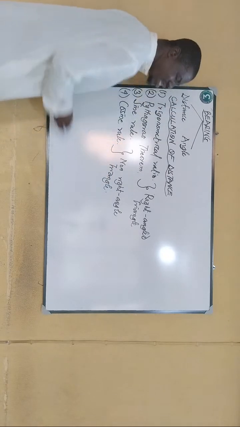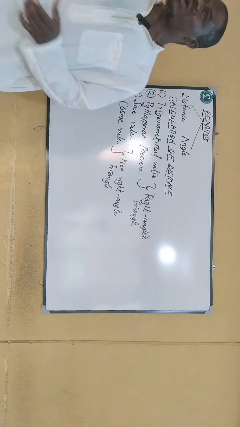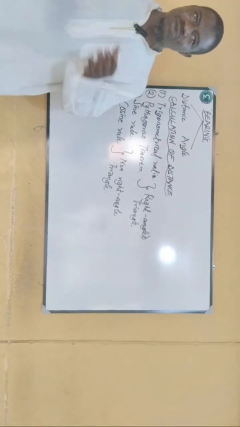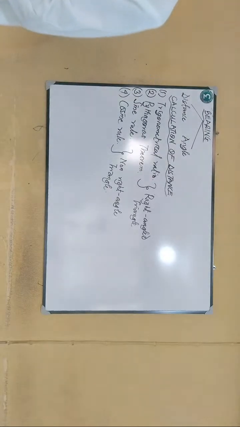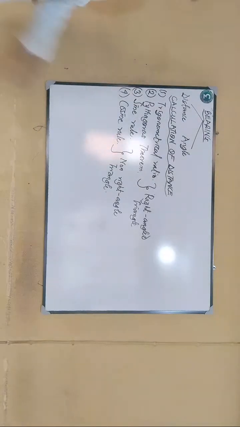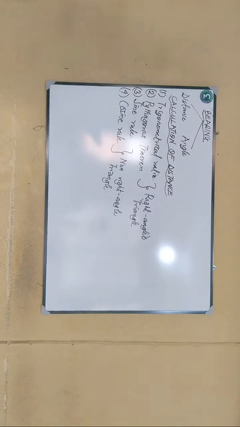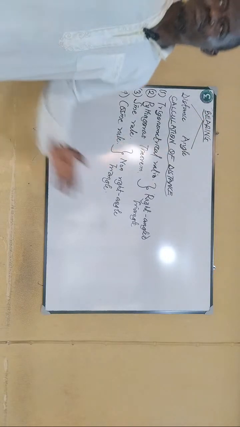Most of the time it's scaling, because if you have an equilateral triangle, you can still work around it to get a right angle triangle. If you have an isosceles triangle, you can still work around it to get a right angle triangle. But once it's scaling, it's either cosine or sine rule. I believe that is clear.